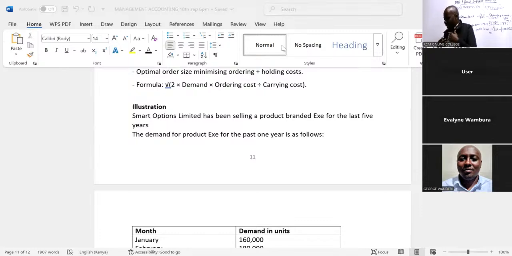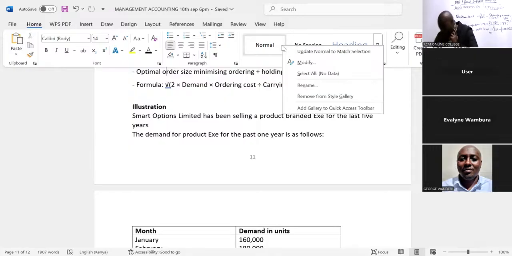So we are looking at an illustration on Smart Options. I'm reading this. Have you been able to add those, gentlemen?